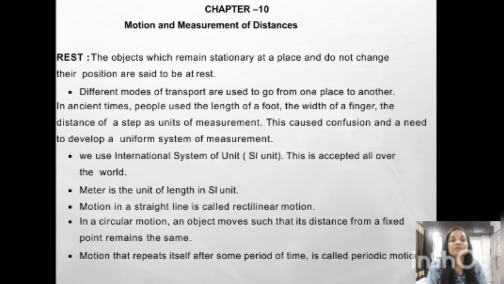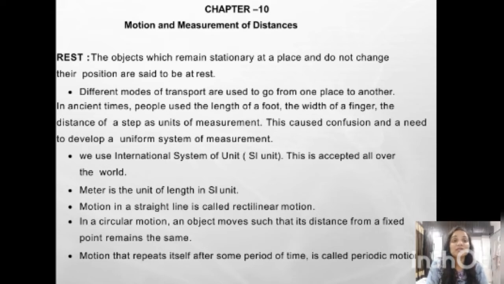Now first we will see rectilinear motion. Linear means straight line. So rectilinear motion is motion on a straight line. Second is circular motion. From the name only we come to know that this motion is in a circular path, and the diameter or the radius of the circular path is the same.